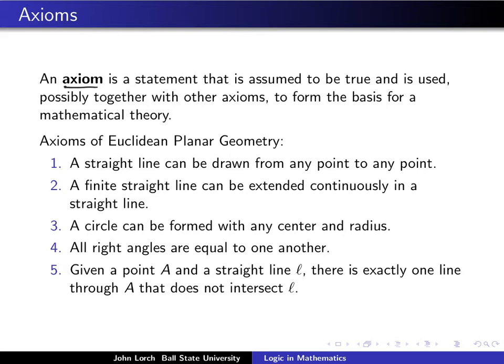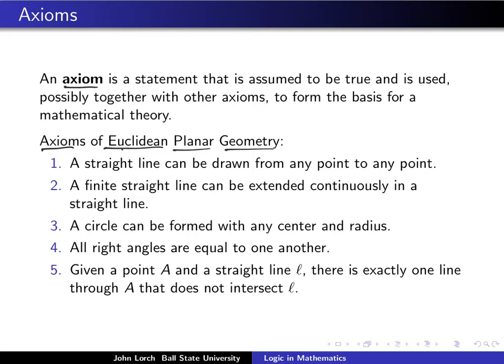So a great example of a collection of axioms are the axioms of Euclidean planar geometry. So all of the theory of Euclidean planar geometry comes more or less from these 5 axioms. All of the results you're familiar with, like the Pythagorean theorem, or the fact that the sum of the interior angles of a triangle adds to 2 right angles, all of those things sort of spring from these assumptions.